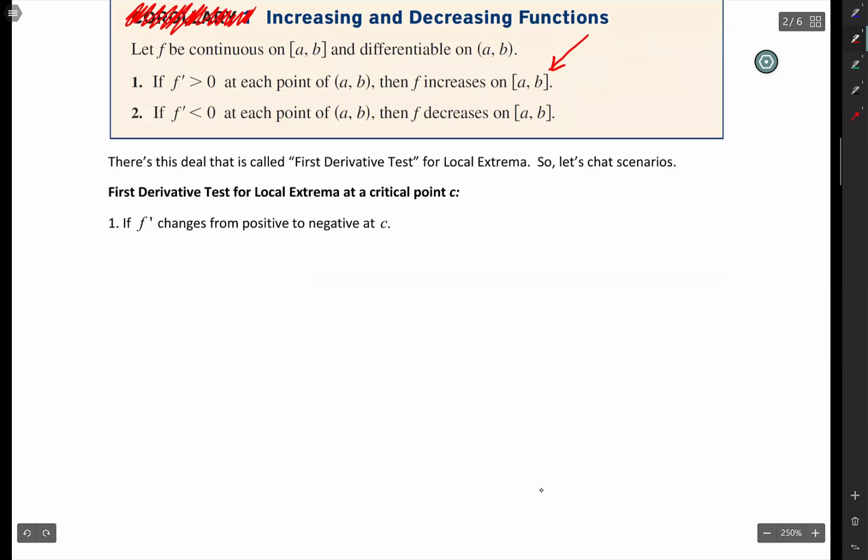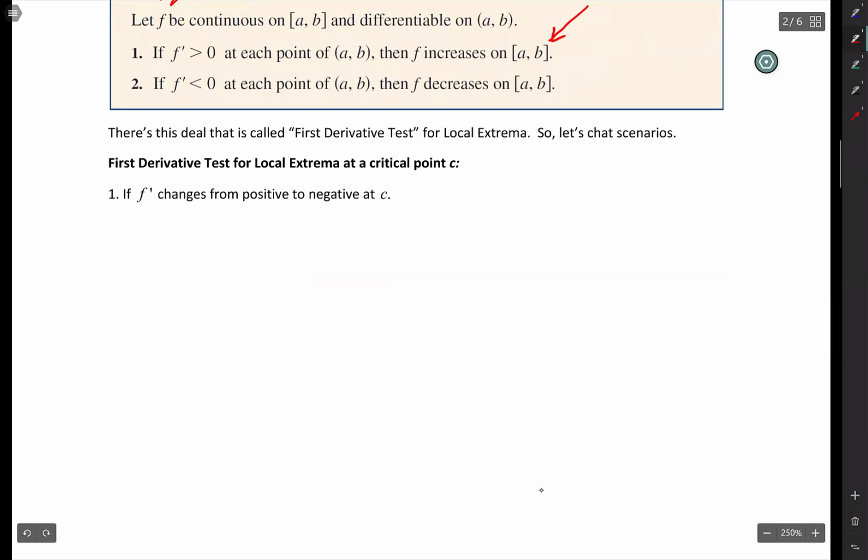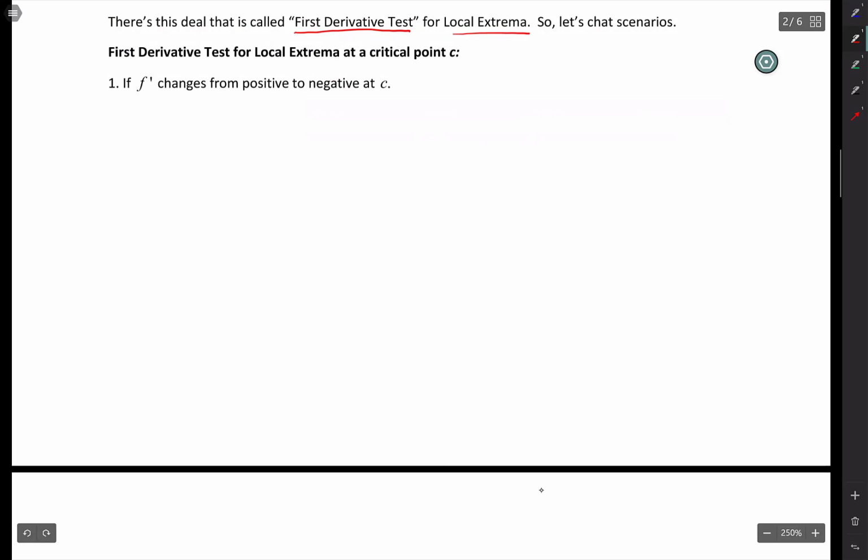Okay, more notes. It says there's this deal called the first derivative test for local extrema. And we already saw an observation. So let's chat scenarios. If f prime changes from positive to negative at C, I'm gonna do two scenarios.